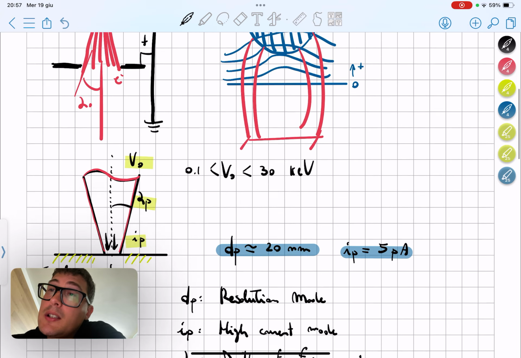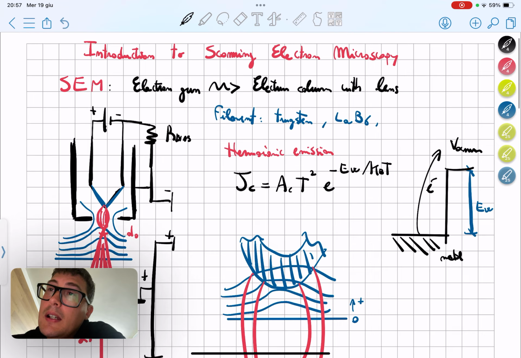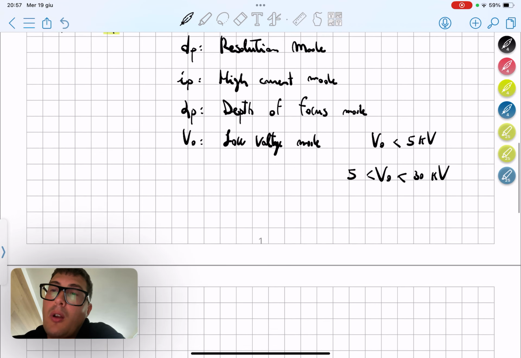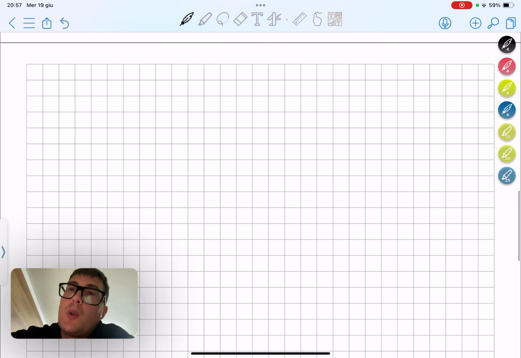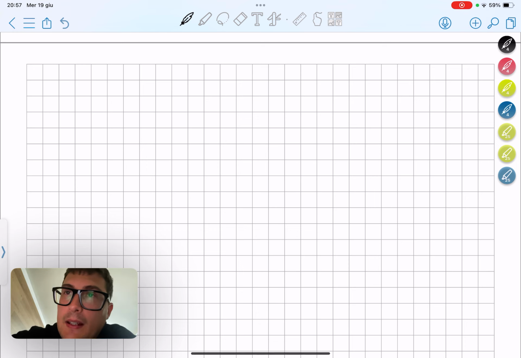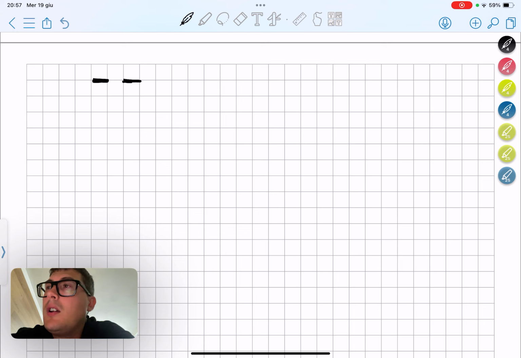Okay, so we discussed a little bit about the modes. Let's see what's happening in the electron column. So we have understood that there is, schematically, this aperture, where we have the electron gun here.